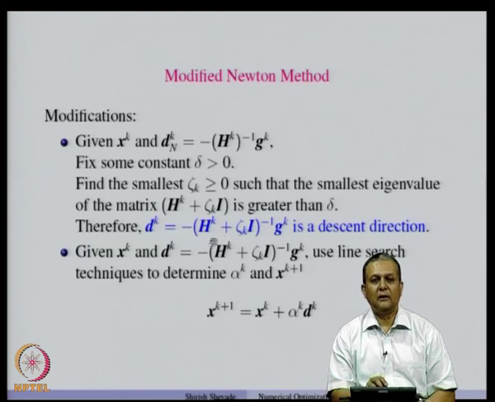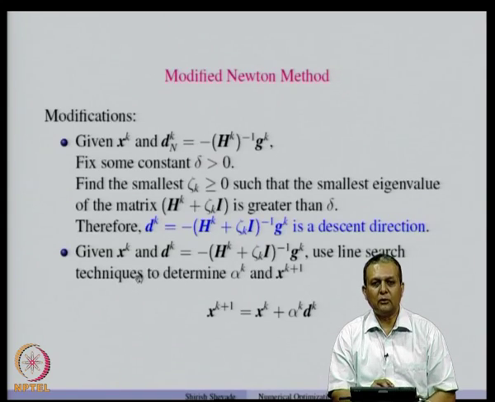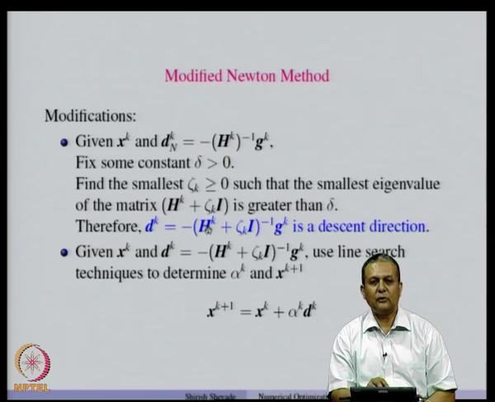So, whenever the quadratic approximation of a given function is good, you will see that zeta k becomes a small quantity, and therefore, we have a direction which is close to the Newton direction, and the convergence will be very fast, and that typically happens near the solution.